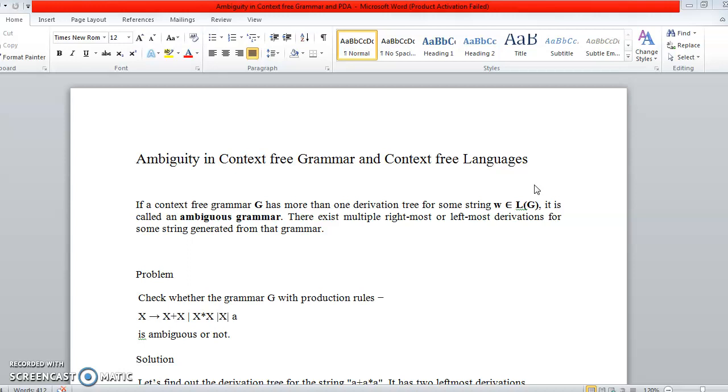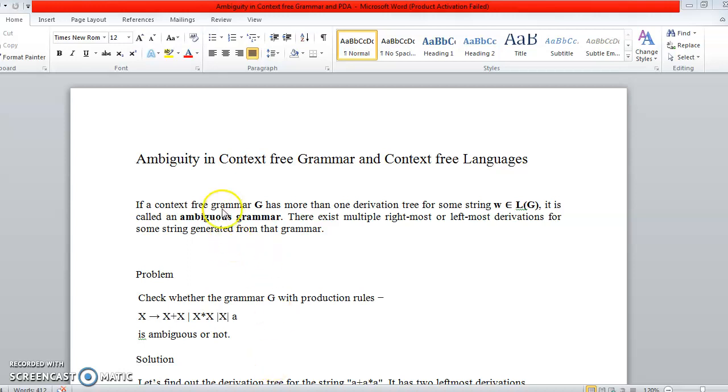To have a particular string in a production rule, if I can use more than one derivation method, that is, if I use the left derivation 2 times, then the context-free grammar will have the ambiguous nature.